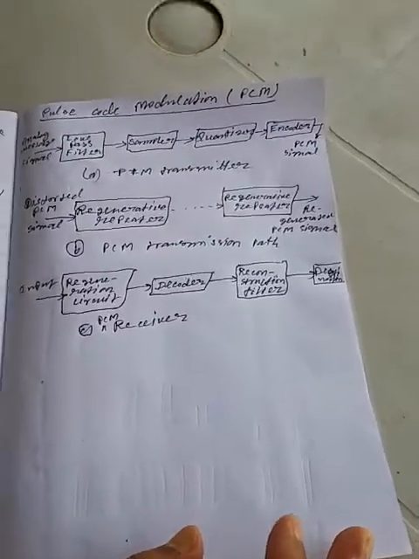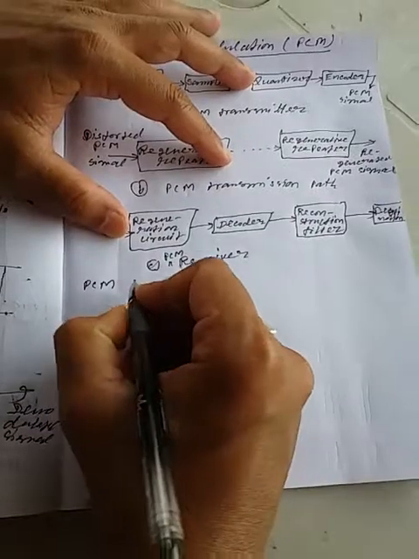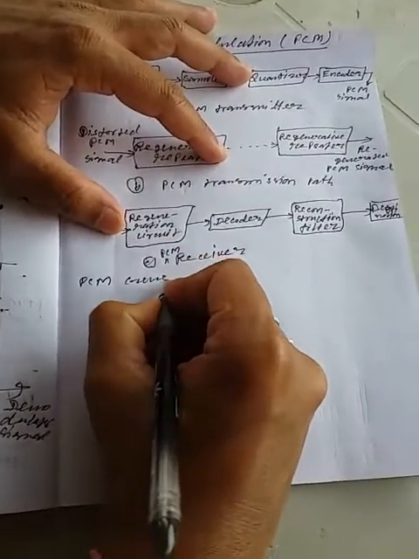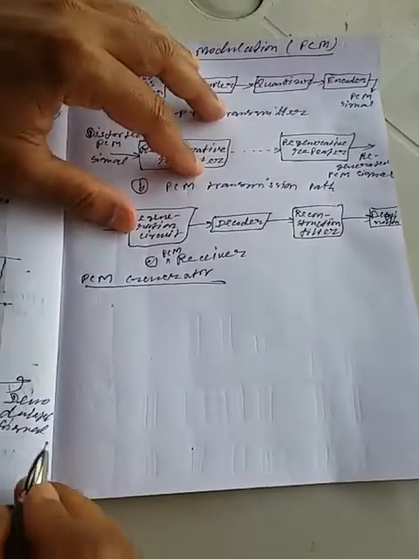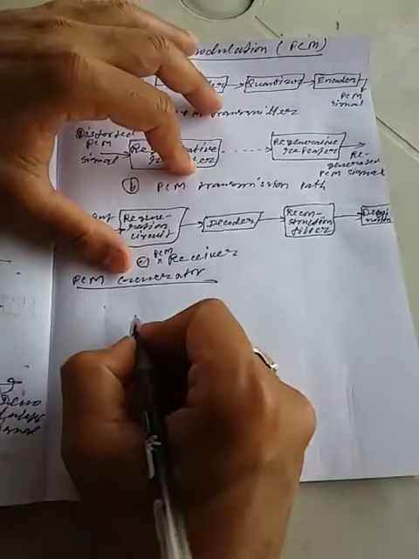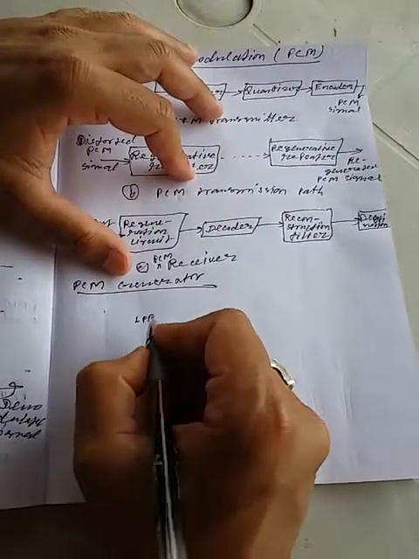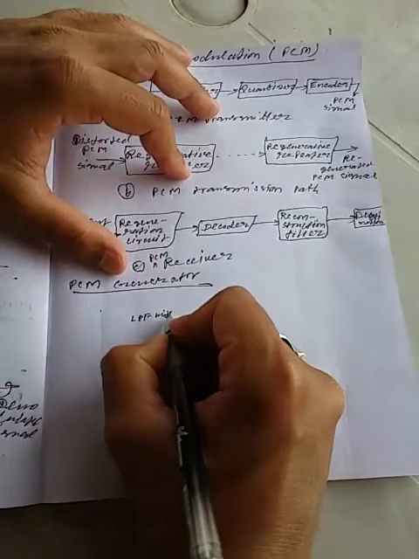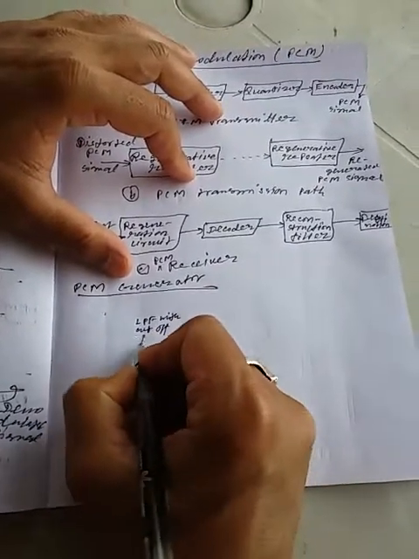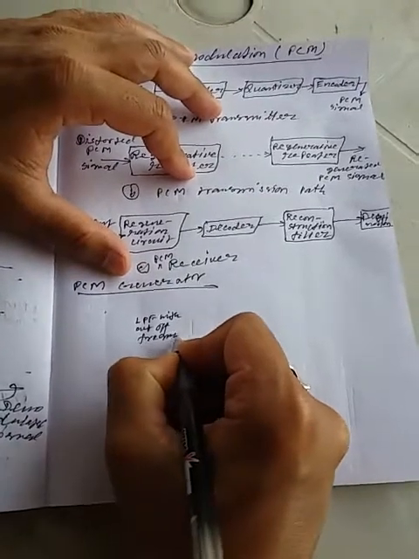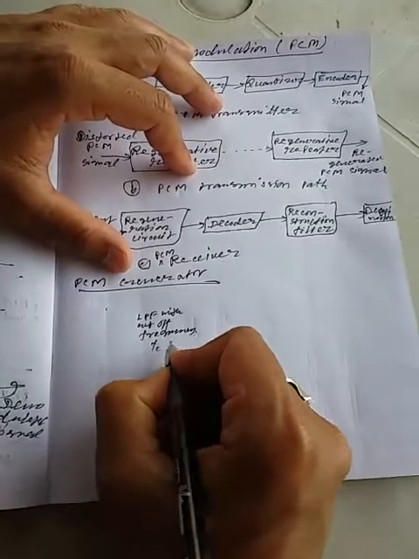Okay. Now PCM generator or PCM transmitter. The block diagram of the PCM generator consists of a low pass filter, LPF, with cutoff frequency FC equal to FM.